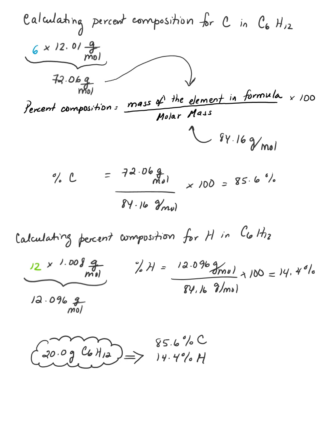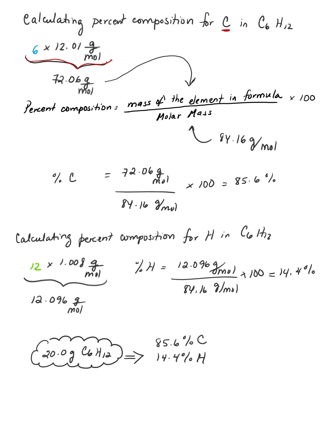So now that you have the molar mass, we can calculate the percent composition. I'm going to find the percent composition for carbon in cyclohexane. So you solve your mathematical operation here. In the previous problem, we have 6 atoms of carbon in cyclohexane. The mass of each one is 12.01 grams per mole, so that's going to give you 72.06 grams per mole.